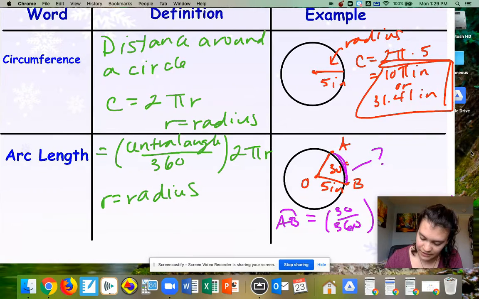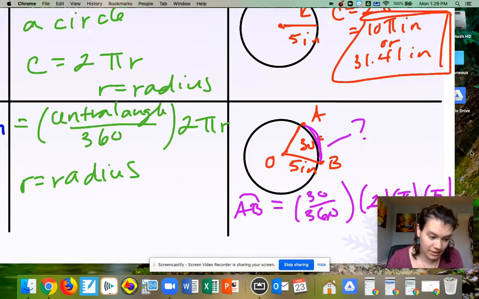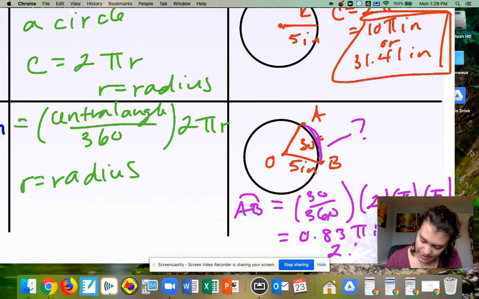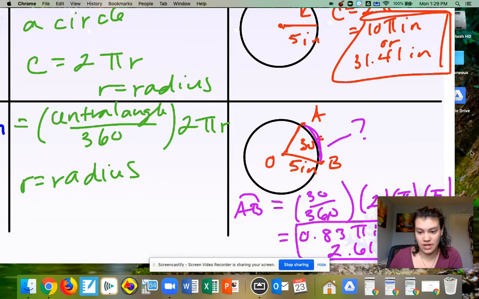And again, you can leave this in terms of pi or you can not. So in terms of pi, you type everything in except the pi, and you get 0.83 pi inches, or 2.618 inches. Again, what answer you use is going to depend on what the question asks you.